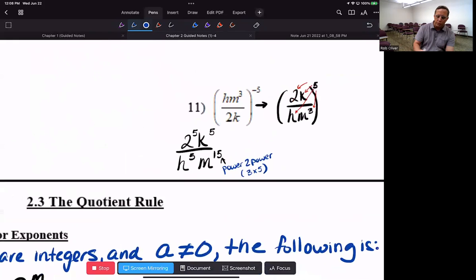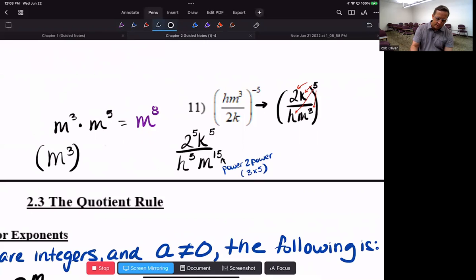If it was 3 plus 5, it would have looked like m to the 3rd times m to the 5th, which comes out to m to the 8th. But if we have m to the third to the power of 5, that's a power to a power, and that equals m to the 15th, because the rule is when you have a power to a power, you multiply the exponents. 3 times 5.